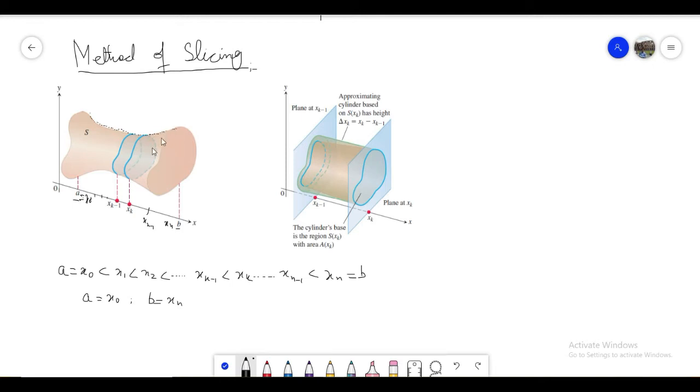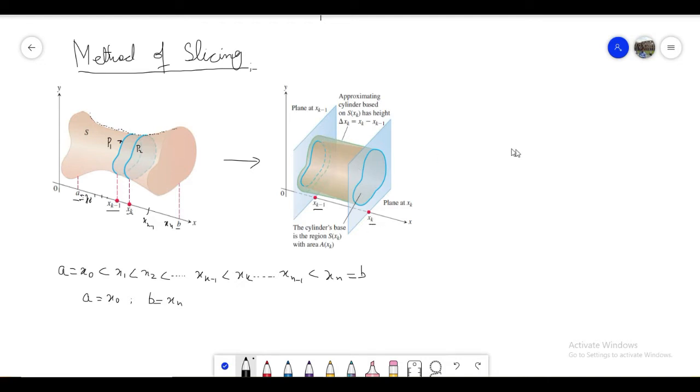So the point is that we will draw two perpendicular planes in this solid. One perpendicular plane is lying on xk minus 1, which is represented by this blue line, and the other plane is represented by xk. Let me call this P1, which is plane 1, and this is plane 2. If I extract this cross section into a new figure, xk minus 1 is here and xk is here.